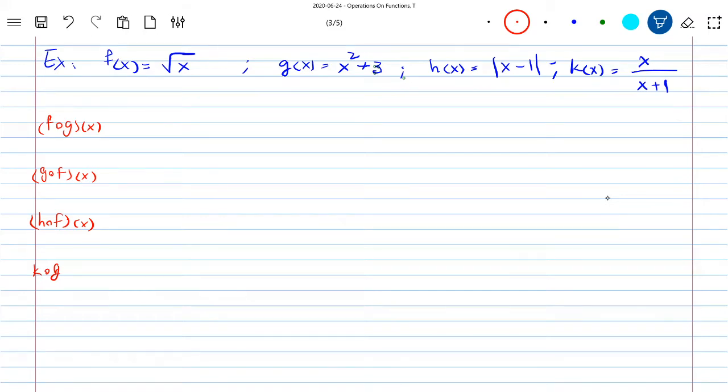How about that? k of g of x, and maybe one more, f of k of x. And after that, we try numbers as well. Let's figure out the functions first.